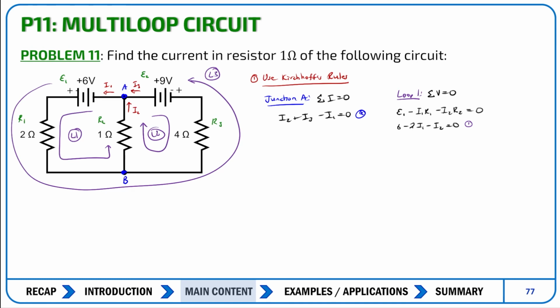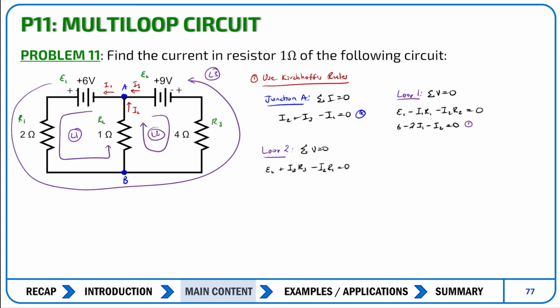Now my next loop, I'm going to do loop 2. Once again, sum of the voltages must be 0. In loop 2, I have epsilon 2 plus I3 R3 minus I2 R2 is equal to 0.